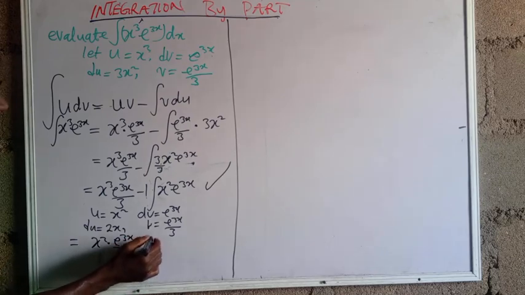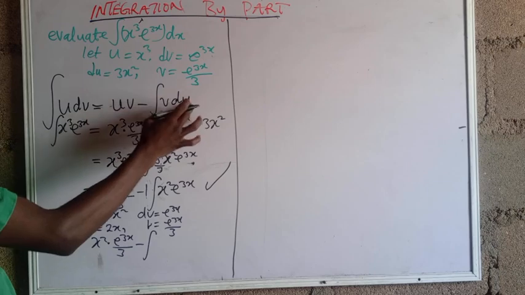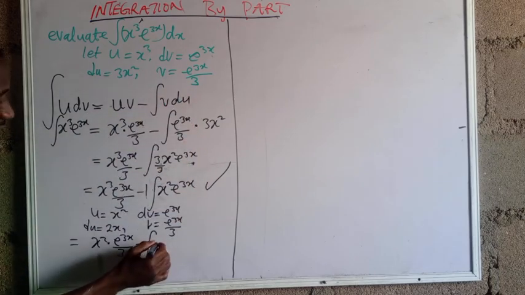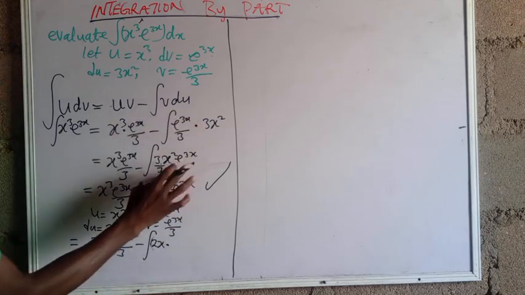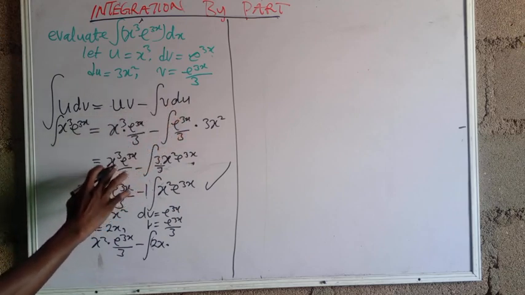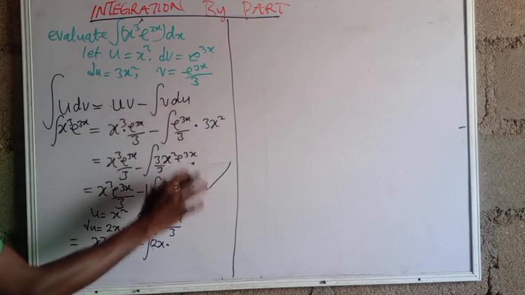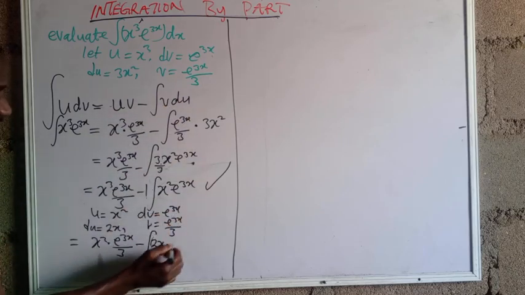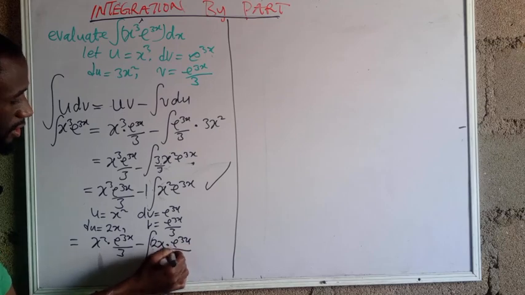That is minus the integral of v multiplied by du, where we have 2x here. 2x multiplied by the du is what? It is 2x here. And the v is exponential 3x, that is exponential 3x all over 3.